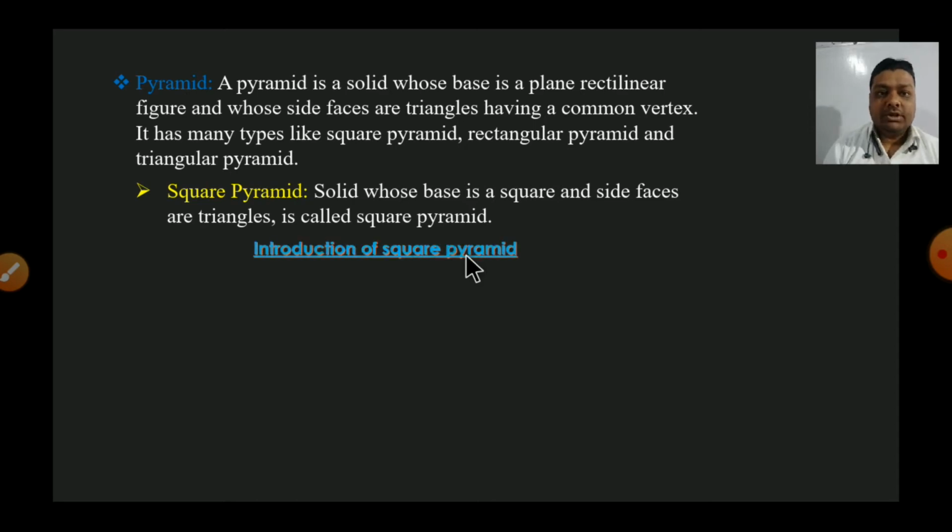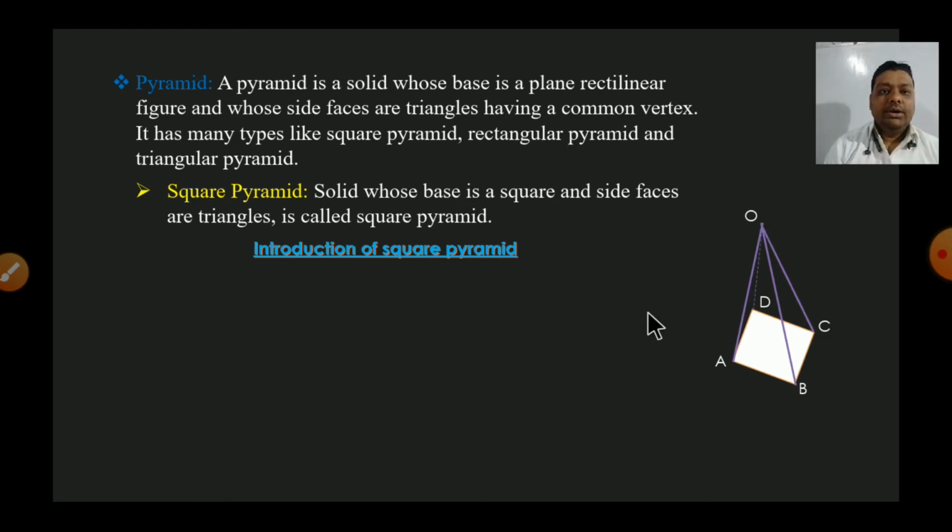Let's first discuss the introduction. You can see this figure here. This is the square pyramid. The base is a square, and if we join a line from each vertex of the square, and all the vertices are joined at O, then this figure is called a square pyramid.